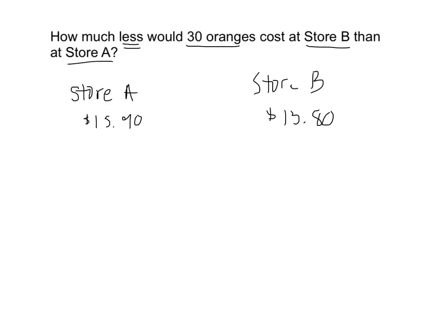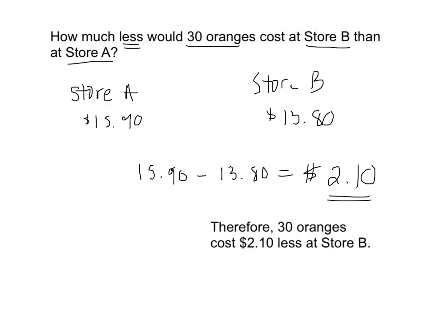We're going to subtract. $15.90 take away $13.80. And when we subtract these two numbers together, we get $2.10. That's how much we're saving if we buy the oranges at store B. Therefore, we can conclude that 30 oranges cost $2.10 less at store B. And we've now answered the question and justified our answer.